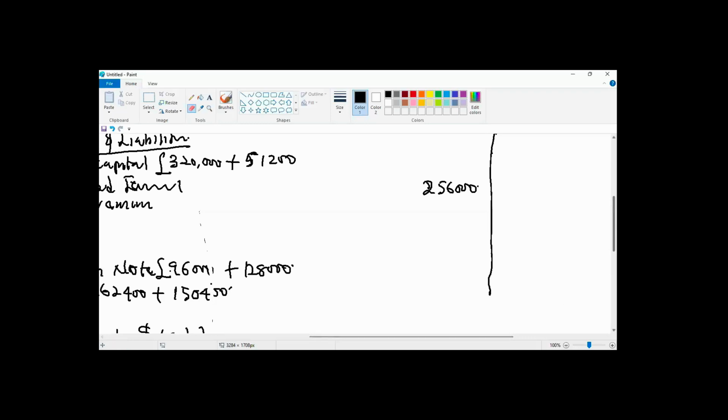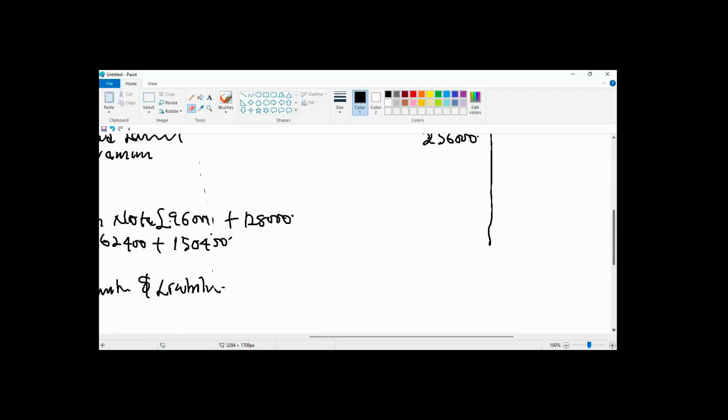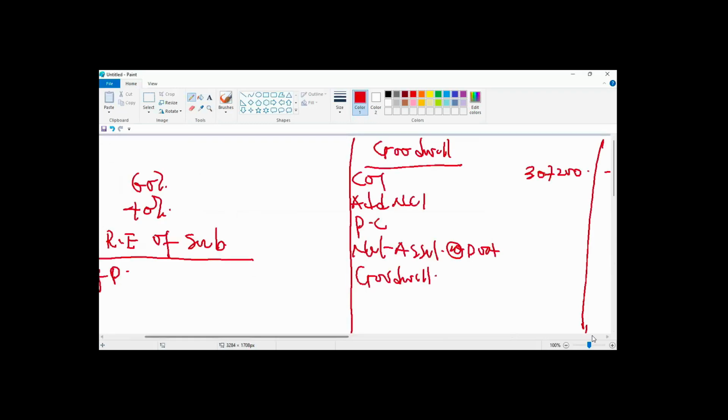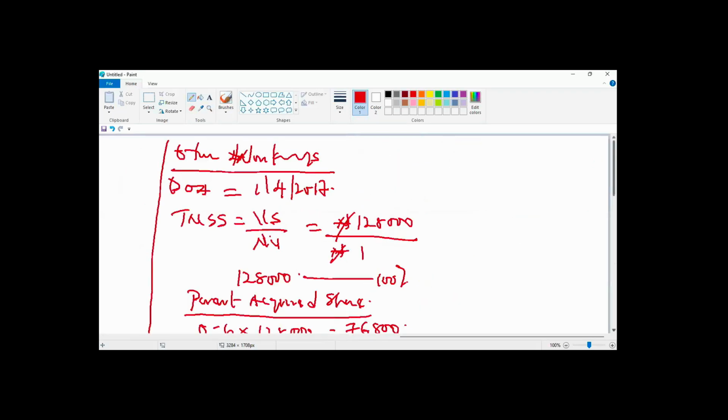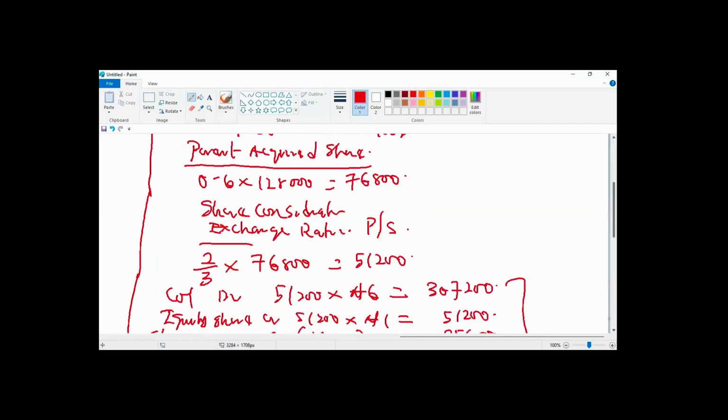Will you say again? Go to additional information one. At the date of acquisition, the fair value of the subsidiary's net assets. Don't forget, fair value adjustments can only happen in 2 ways in the exam. It's either you revalue up or you revalue down.